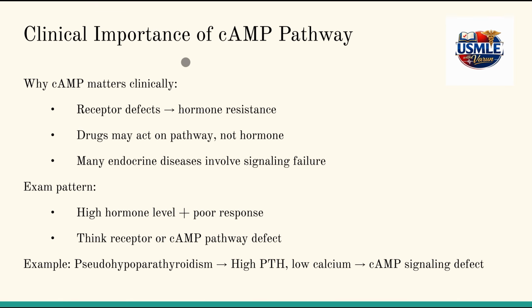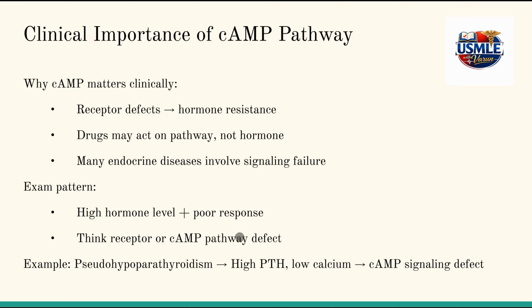The clinical importance of cyclic AMP is that most of the endocrine diseases involve defects in receptors or cyclic AMP signaling. We need to understand that. For example, in pseudohypoparathyroidism, the parathyroid hormone levels are high, but calcium remains low due to a failure in the signaling pathway, a defect in the cyclic AMP signaling pathway.